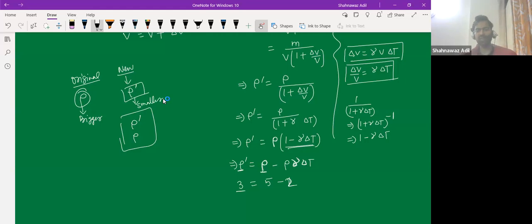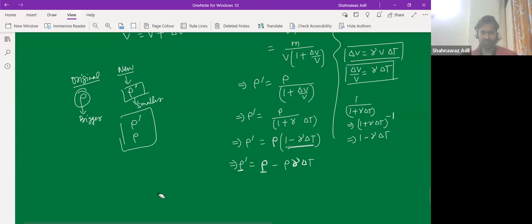So now you tell me, is my density increasing or decreasing? New density is smaller, the original was larger, bigger. So this has become smaller. So is it decreasing or increasing?